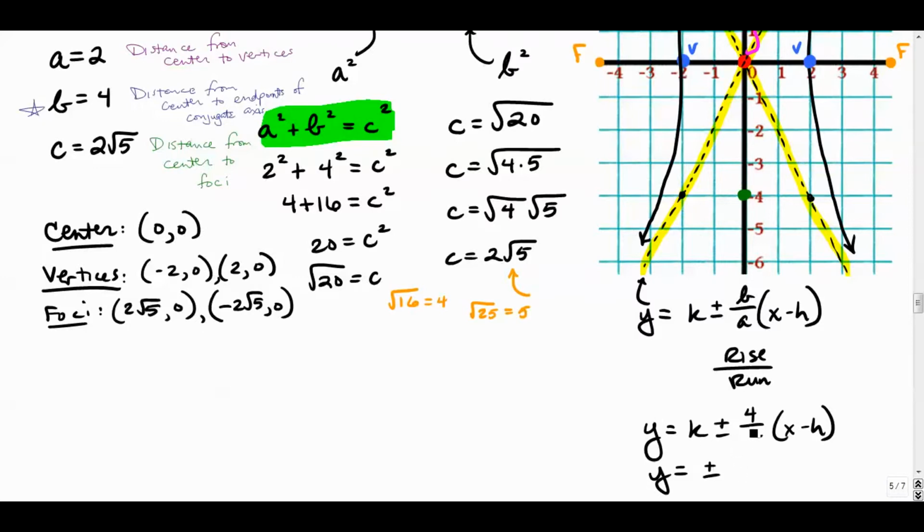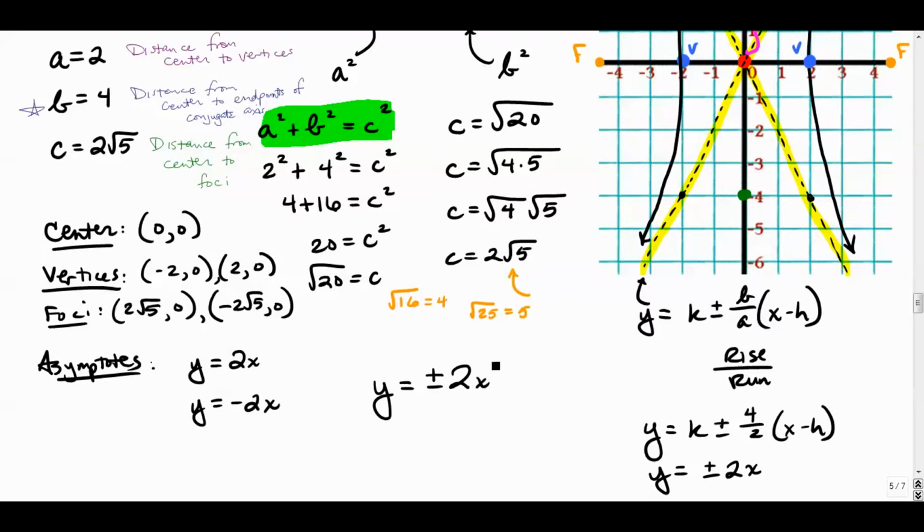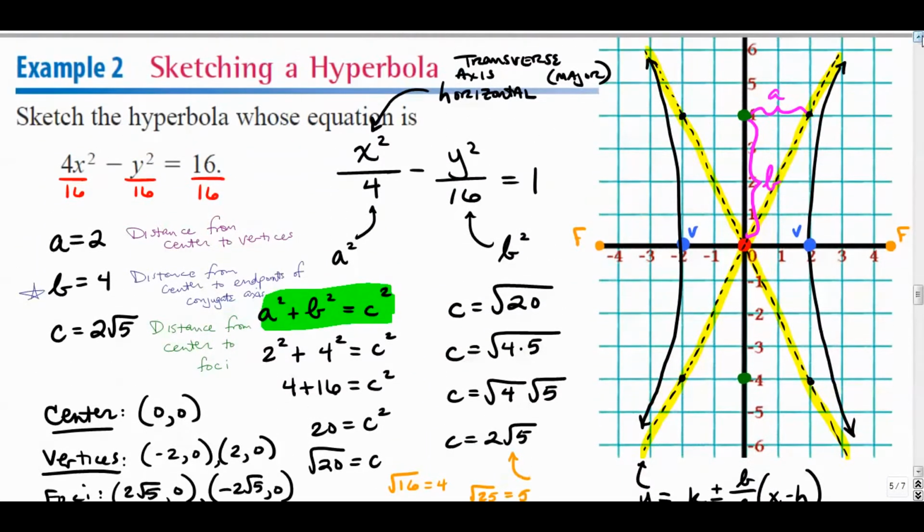So we get plus and minus 2x. Those are the equations of both of our asymptotes. In other words, one of them is 2x and the other one is -2x. If you want to combine them into one, you just say plus or minus 2x. So there you go. I think that about does it for example number 2.